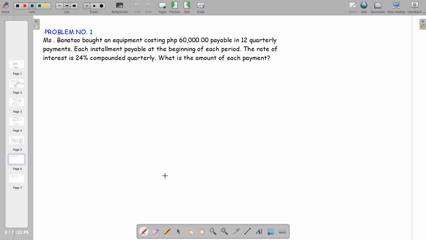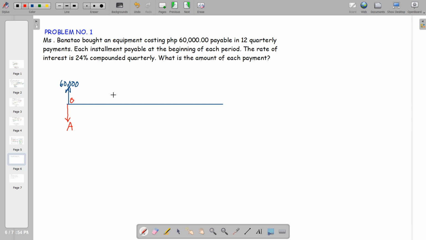So if we are going to look at the cash flow diagram of this problem, it must be clear that the equipment is costing 60,000 pesos, but it can be paid in 12 quarterly payments, wherein the first payment will occur at the beginning of the period.